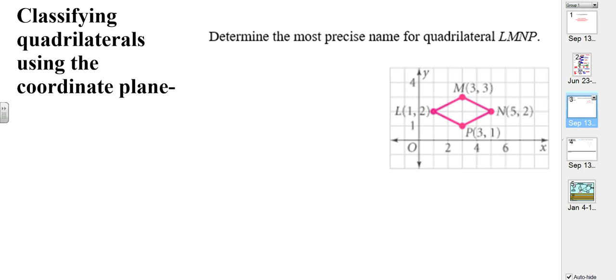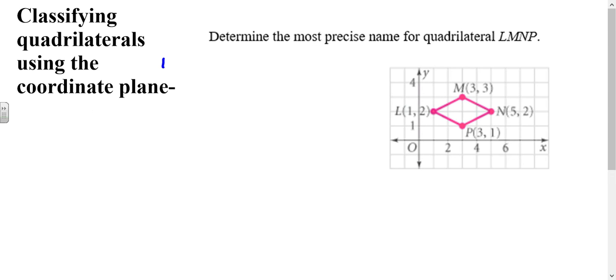If I want to determine if these sides are parallel to one another, what information do I need? How do I know that lines are parallel? What do I have to compare? Well, you have to compare the slopes. So we can find the slopes of this side and this side and this side and this side and see if they are parallel. So I'm going to find the slope of side LP.